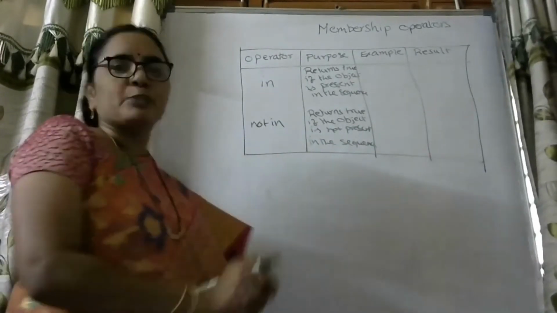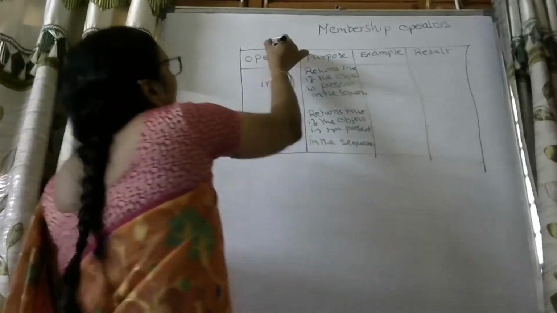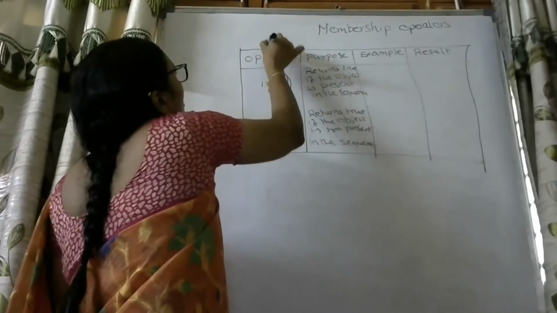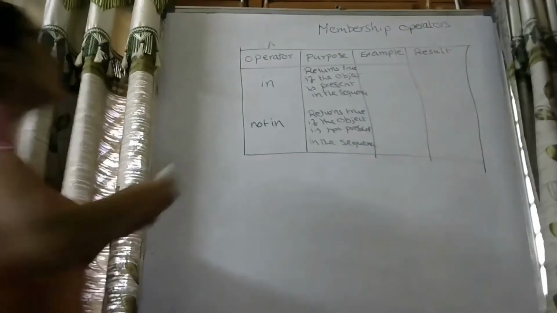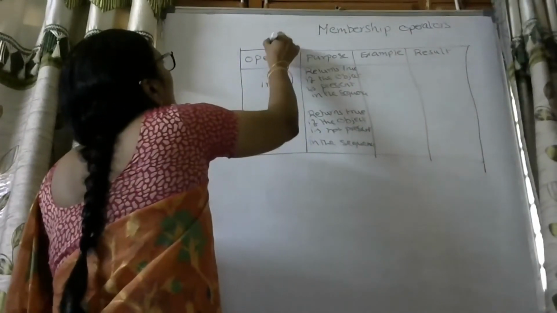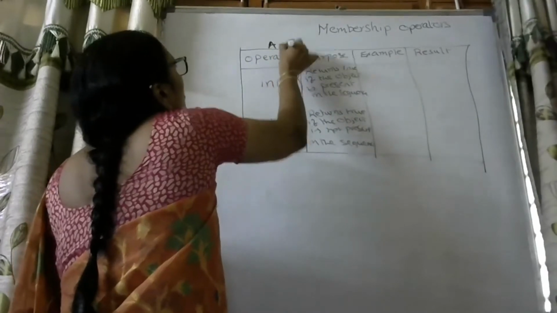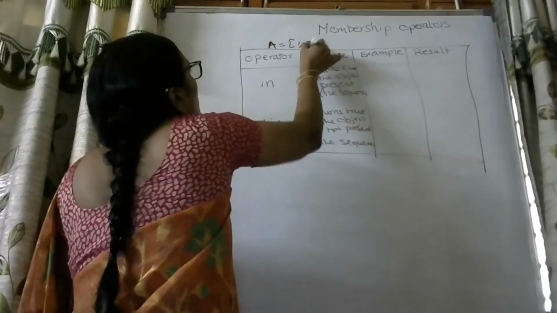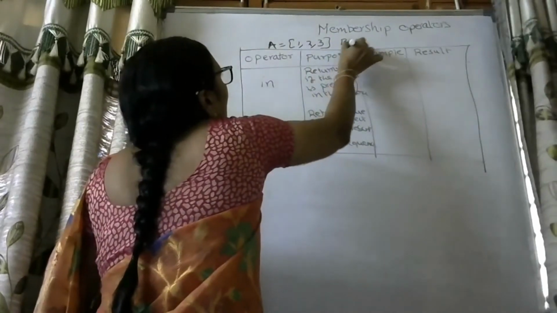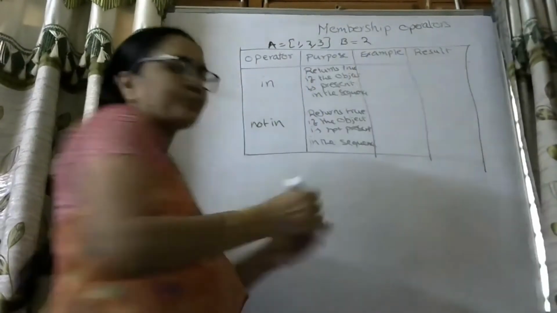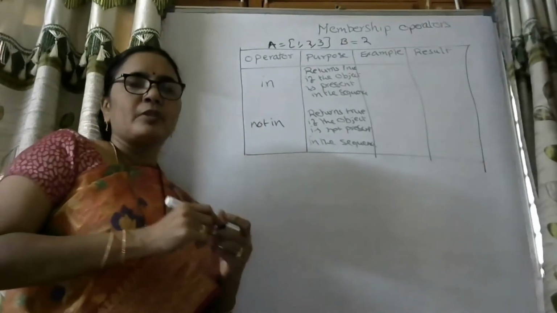In order to explain this, let me take a list, A is equal to 1, 2, 3. And I am taking another variable B as 2, and C as 5.